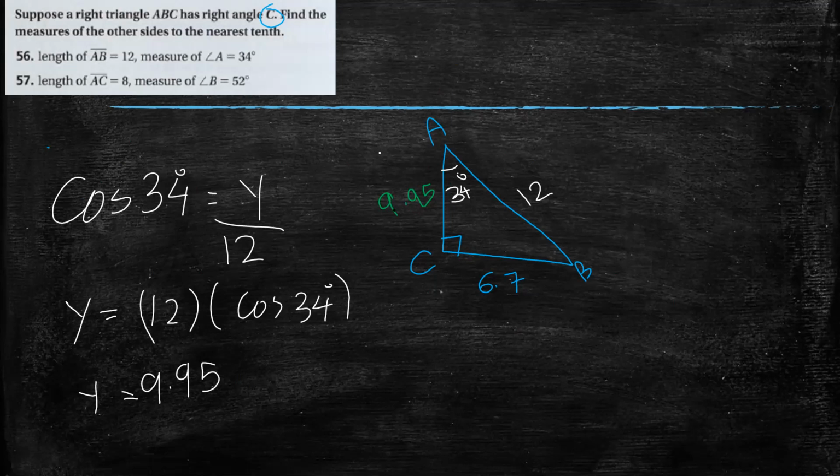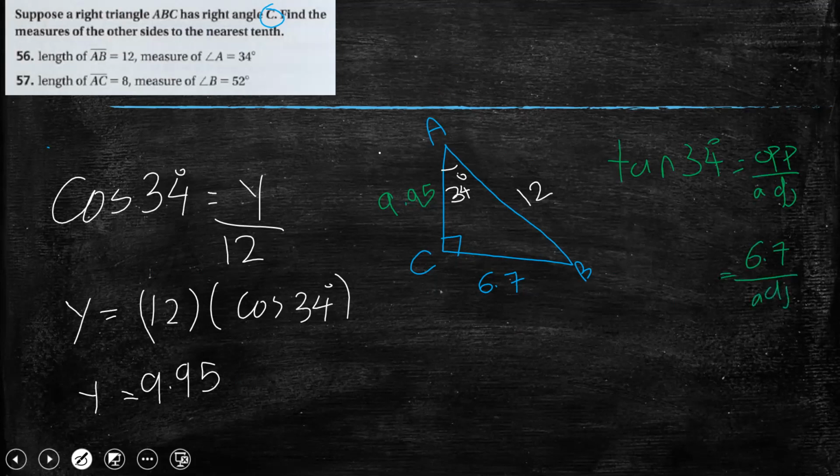No, teacher, for angle A, if I use the cosine of 34, then I use tan to find the opposite. Yes. If you have the opposite and the adjacent, you can also find the tan. This is another way. You can say tan of 34 is the opposite over the adjacent. So the opposite here is 6.7. The adjacent is unknown.